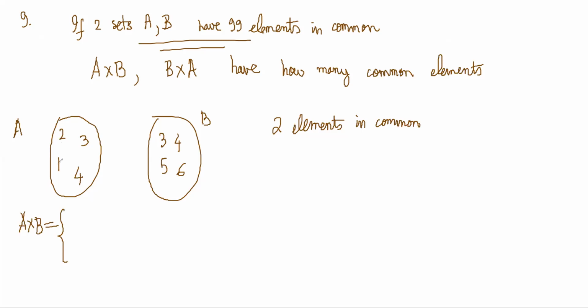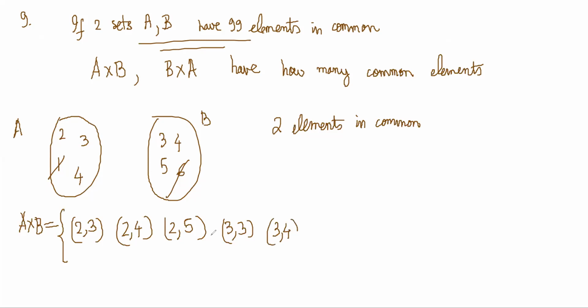Let's take three only. So I will remove 1 and I will remove 6. So A cross B will have 9 elements. I can just list it out: 2 3, 2 4, 2 5, 3 3, 3 4, 3 5, 4 3, 4 4, 4 5.